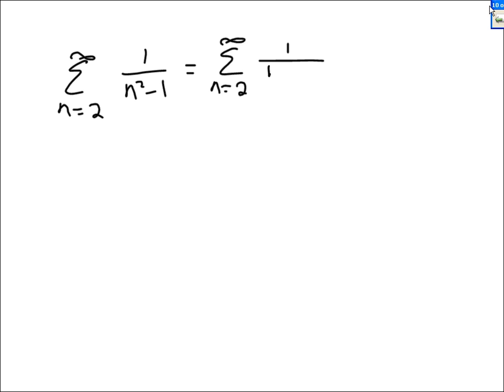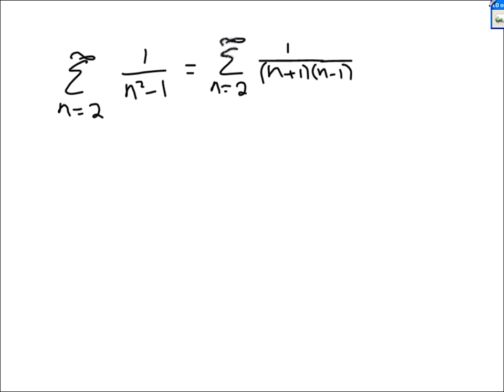One more. Suppose you have the summation as n goes from 2 to infinity, and you have 1 over n squared minus 1. N squared minus 1 can be factored to n plus 1 times n minus 1.